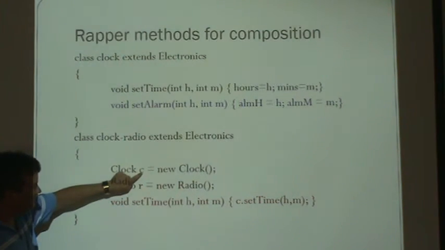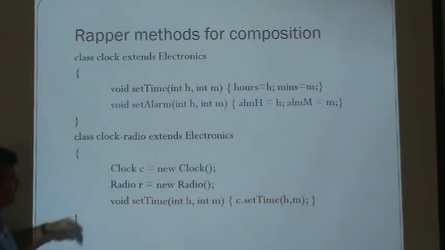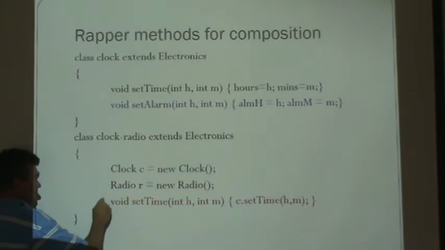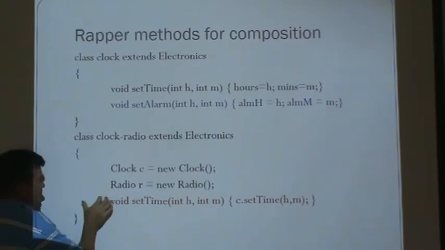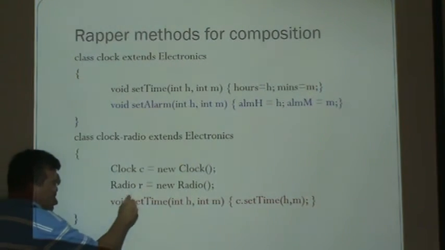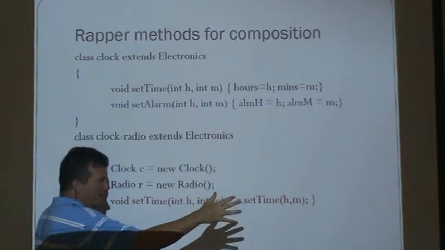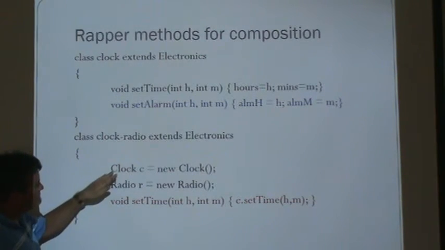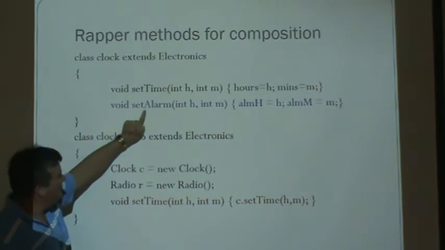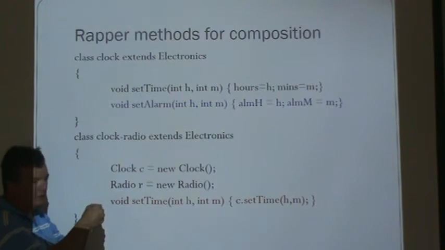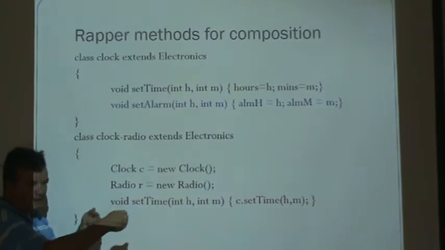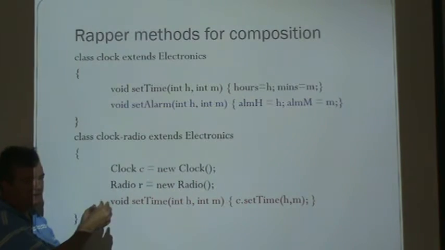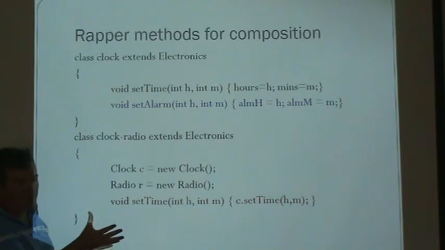The clock does, but the only way you can call it, like if we made an object clock radio CR equals new clock radio. We had an object called CR. We can't call set time on CR. We'd have to say CR.C dot set time, because only the C part has that method.